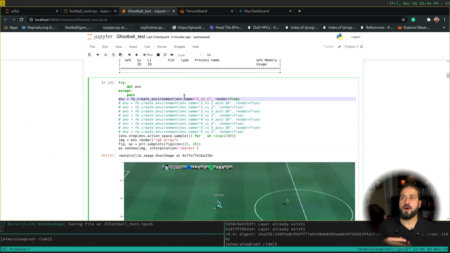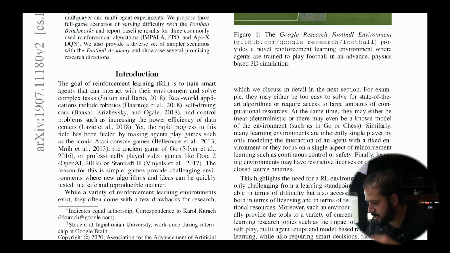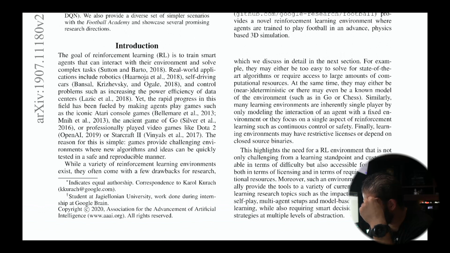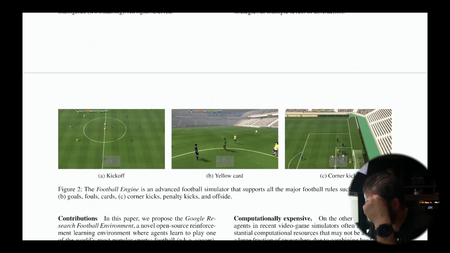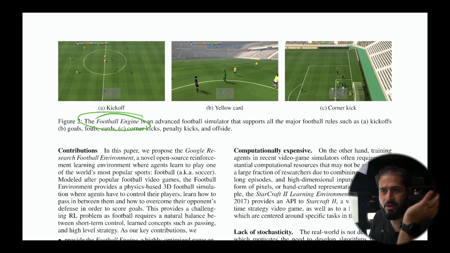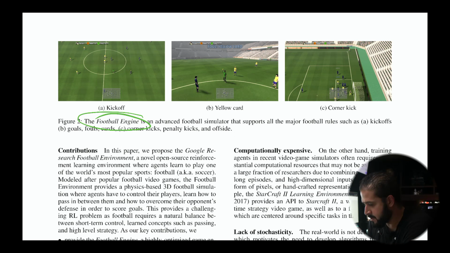So, the first cool point, and now let's switch to the paper and start reading there. All right, the first interesting point is the introduction. They talk about the football engine, which is the simulation, what I've been talking about, right?